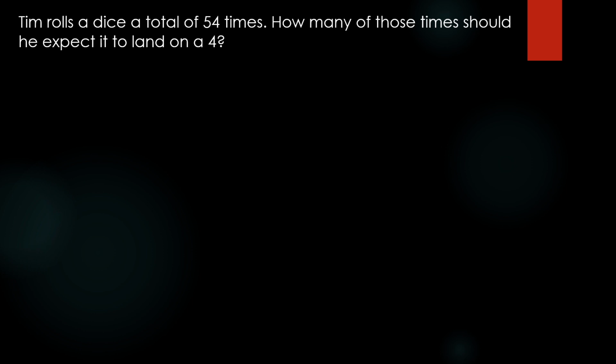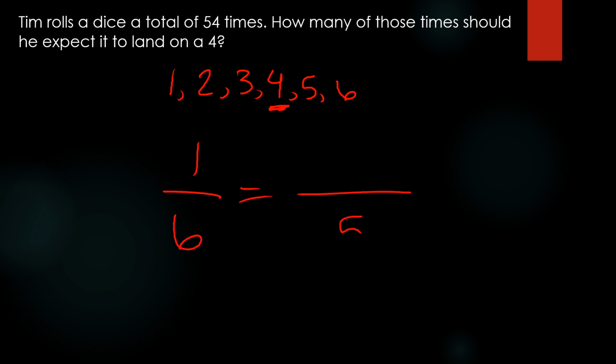Our next question says that Tim rolls a dice a total of 54 times. How many of those times should he expect it to land on a 4? All right. Well, rolling a dice, I could roll a 1, a 2, a 3, a 4, a 5, or a 6. One of those options is a 4 out of the 6. And he's going to roll his dice 54 times. So I need to multiply 6 times some number to give me 54, okay?